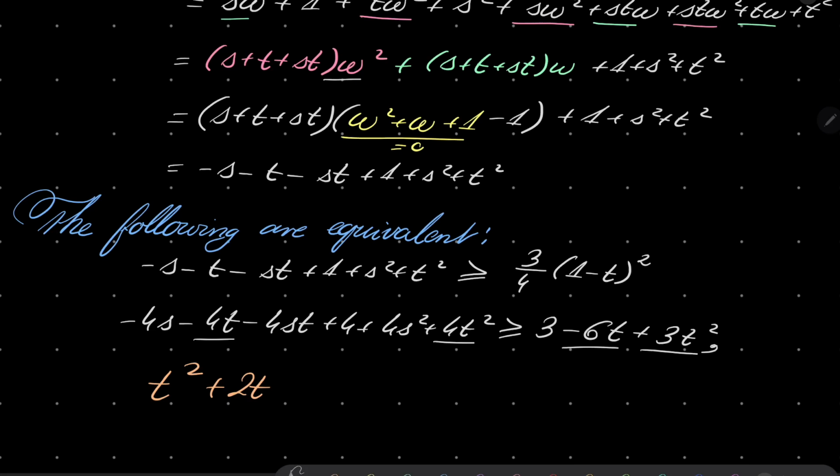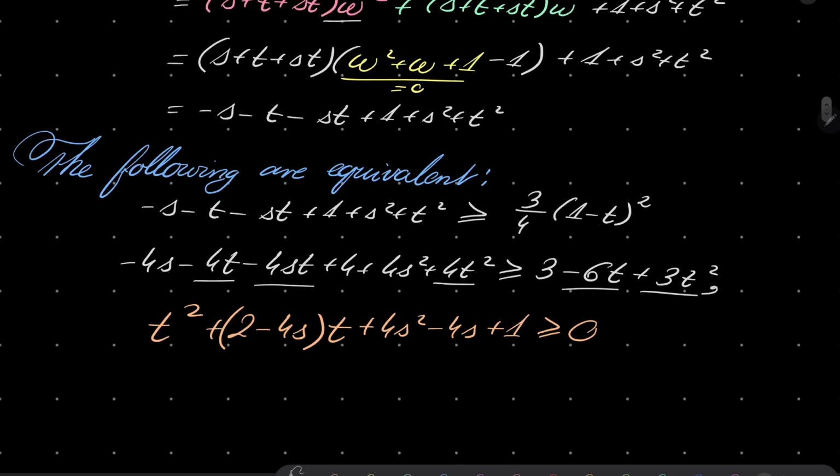And also we have minus 4st, so maybe let's write it. It's 4st. Alright. And everything else is without t. So we have plus 4s squared minus 4s plus 4 minus 3 is plus 1. Should be greater than or equal to 0.